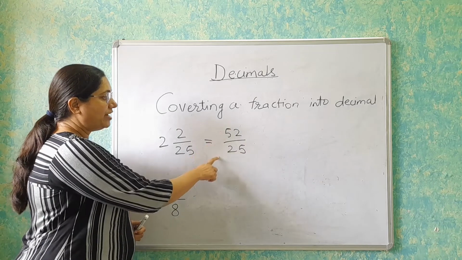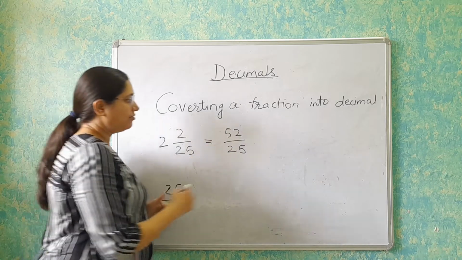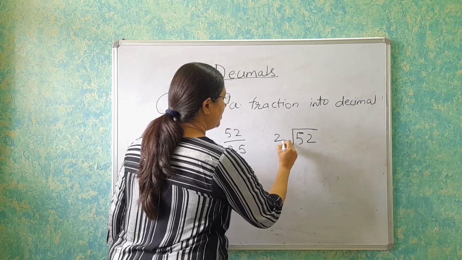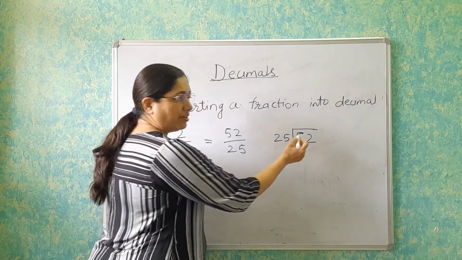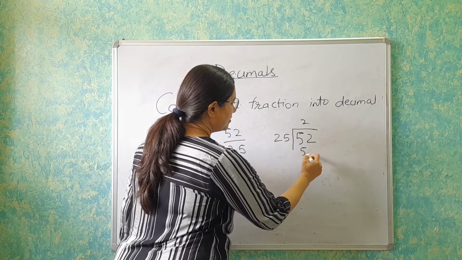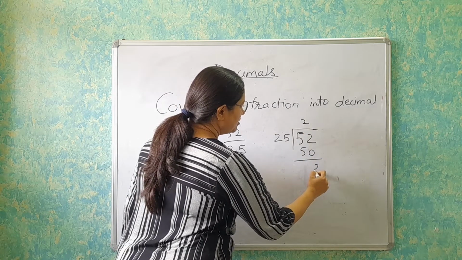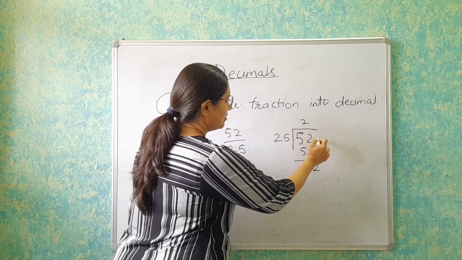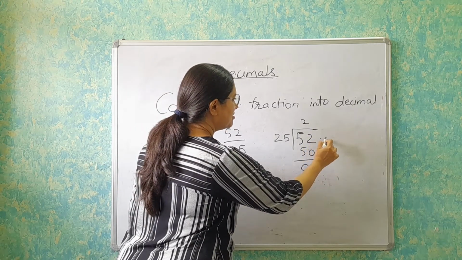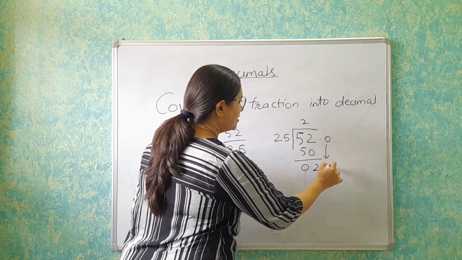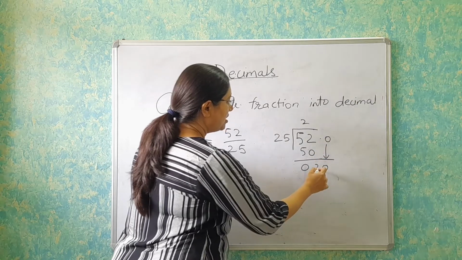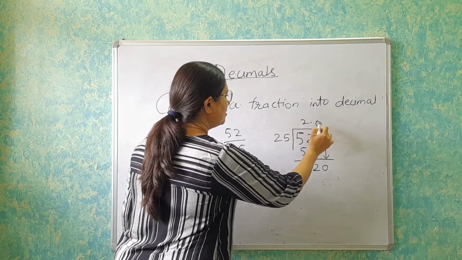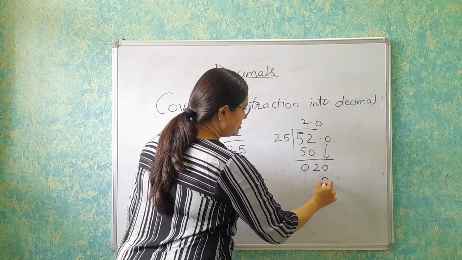Now I have to divide 52 by 25. 52 divided by 25. 25 2s are 50. Remainder is 2. There is no number after 2, so we can put a decimal and then we take a 0. But still 20 cannot be divided by 25, so we can say 25 zeros are 0.